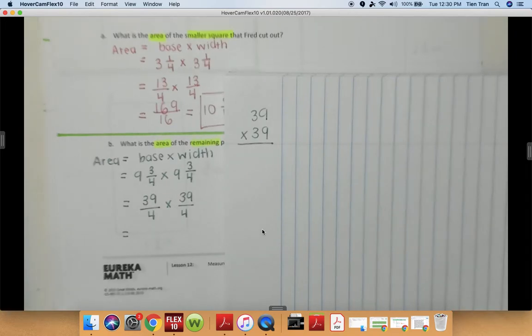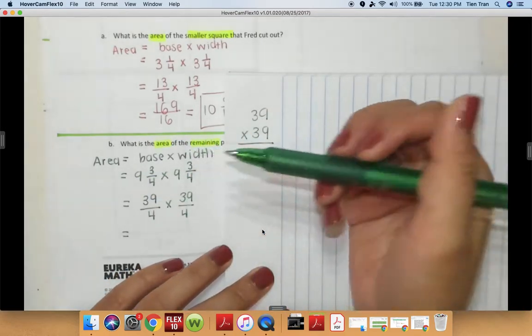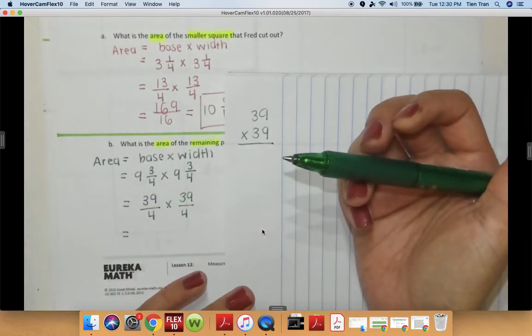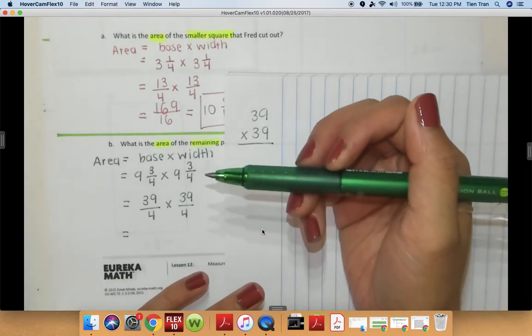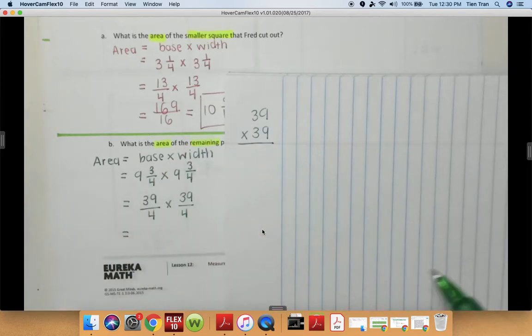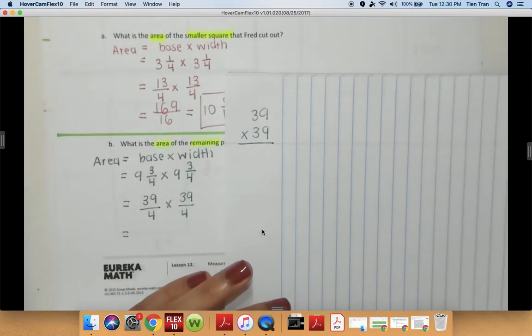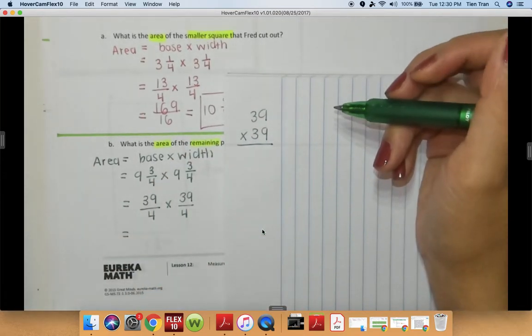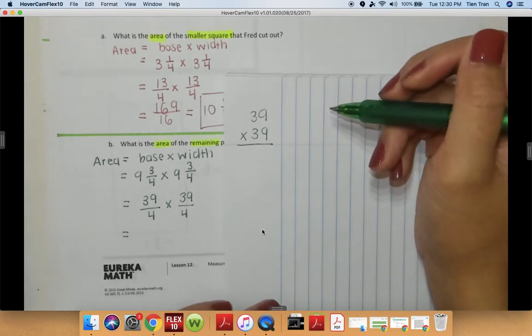As long as you're getting the same answer, then I don't mind which method you use, okay? So if this isn't the method you like to use, for example, if you prefer decimals, then you can do decimals. Or if you prefer to stretch it out and add, then that's up to you, or you prefer to draw out the images, then you can do that too.